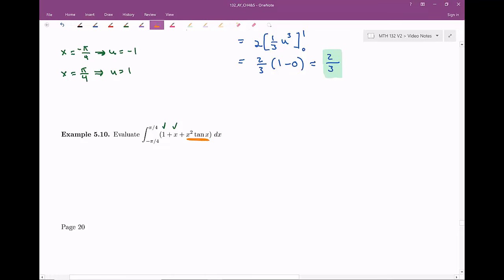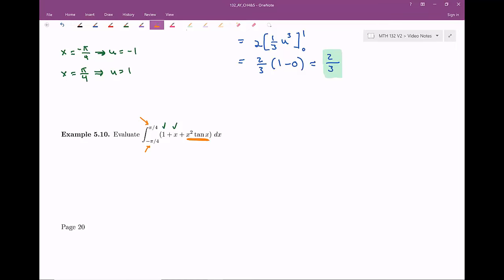Even with my u substitution, the claim is I could spend an hour or so trying this thing, and nothing would work. There's not a good u substitution that we can actually make in this case. But I notice that we do have negative pi over 4 to pi over 4, so I'm hoping that if this is an odd function, then this will just integrate out to be 0, and then maybe I don't have to actually find the antiderivative.